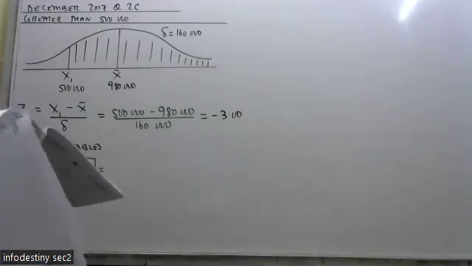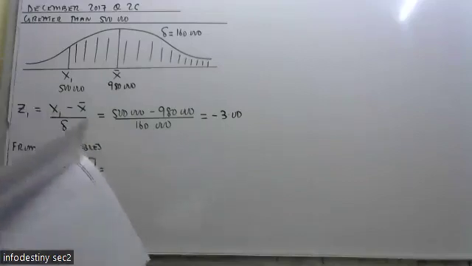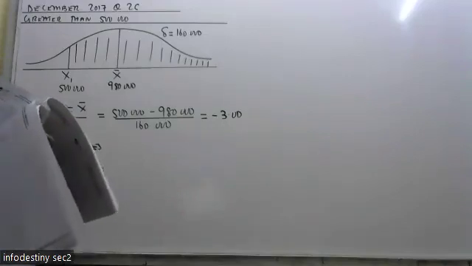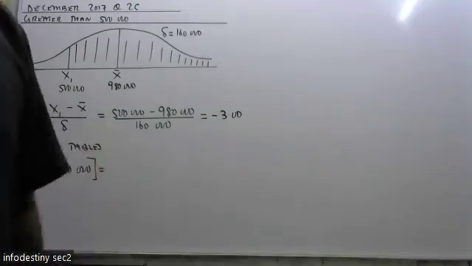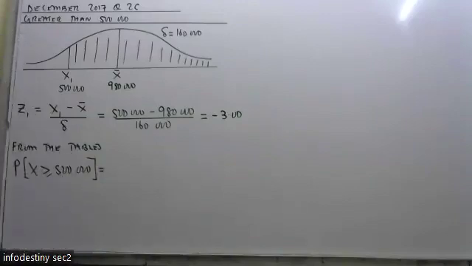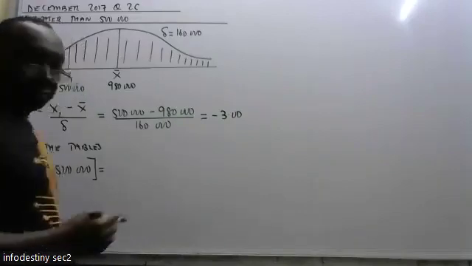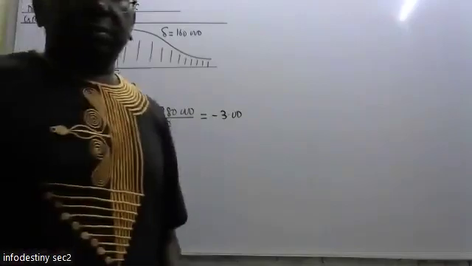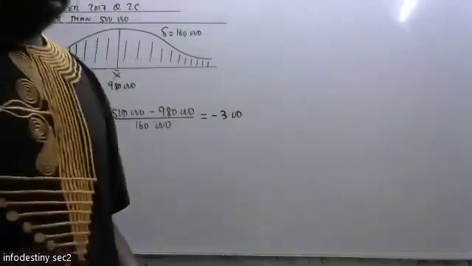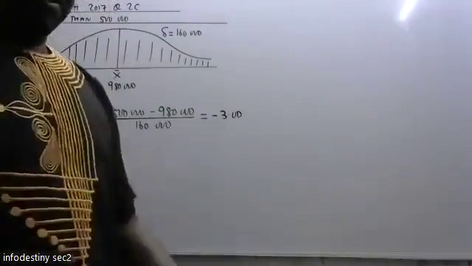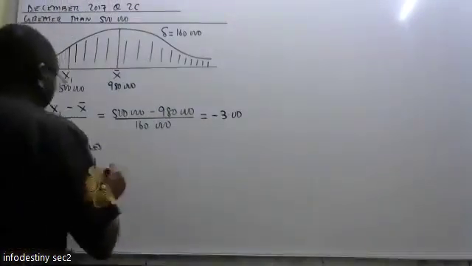Tell me what you're getting from the normal table when you read 3.00. What are you getting? 0.4987. Good.